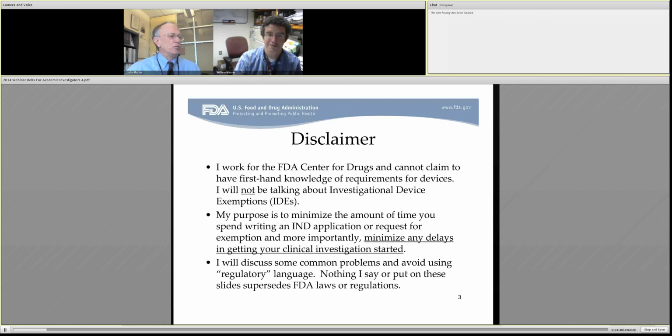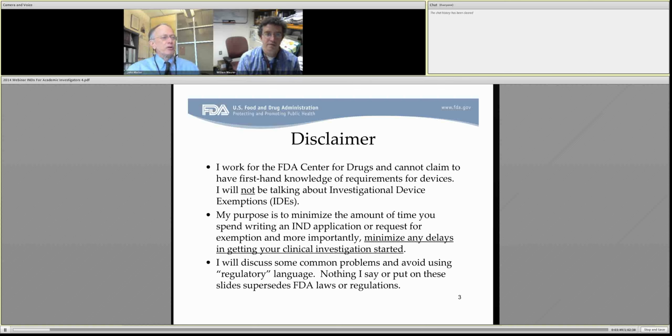I do work for the Center for Drugs, and an entirely different set of rules governs devices. I wanted to make clear that although there are very close analogies, I'm told, I'm not going to be talking about investigational device exemptions, or IDEs.